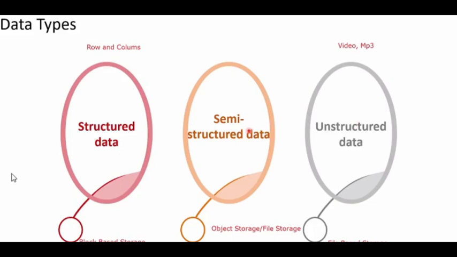Structured, rows and columns. Semi-structured, still using rows and columns, but you put it more in a table. So how do you determine this in database concept? Structured will be your SQL database. Semi-structured will be your NoSQL. And unstructured will basically be videos or MP3s or some kind of audio document, right?